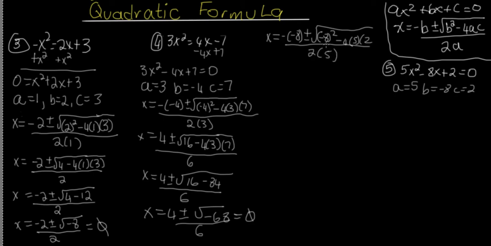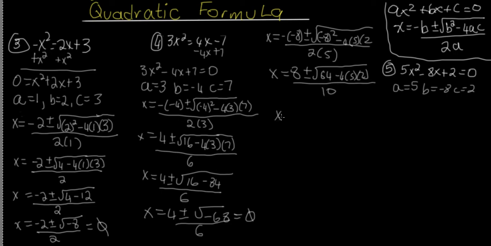So again, you're going to simplify your double negative. So I have x equals -8, which is 8, plus or minus 8 times 8 is 64. Just dropping that down. And 2 times 5 is 10.